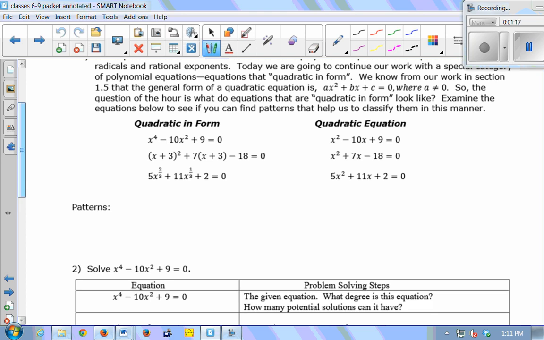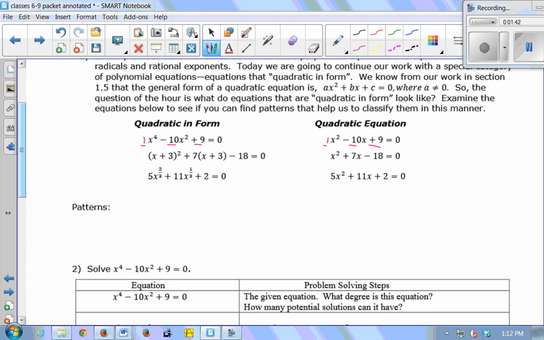So what's the same about those two equations? The exponents are different, but the coefficients are all the same, right? 1, -10, 9. Same in both cases, right?